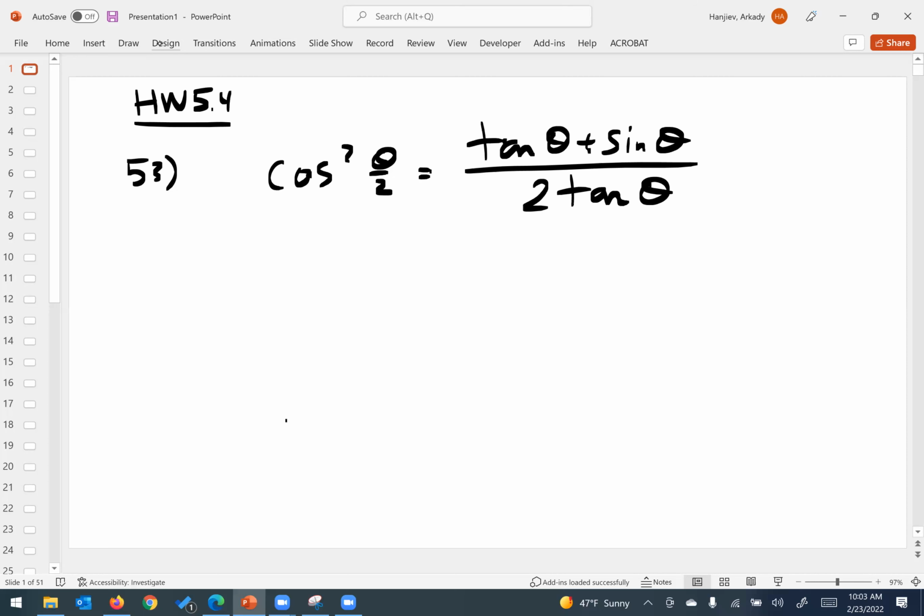So I have cosine theta over 2, or cosine square theta over 2, times tangent theta plus sine theta over 2 tangent theta. I'm thinking I want to get rid of my half angle or double angle. I want to get it to a single angle, but there's only one formula I had. So flip to this one here, thinking to myself, hey, that's a square though, right? That's a square form.